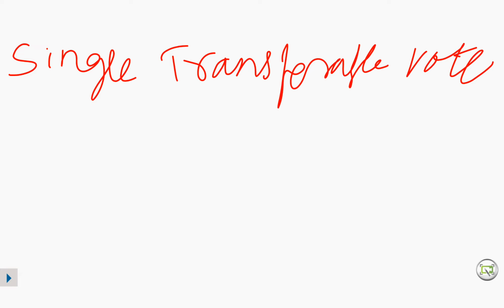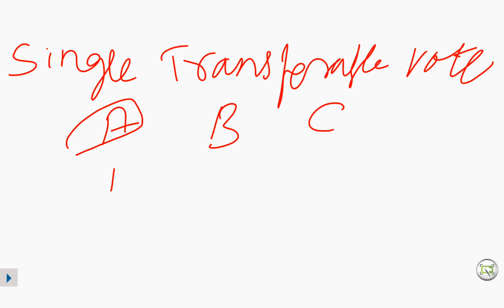For example, we can take A, B and C. They are the three persons standing for election of president. One person comes, and he wants A to be the president of India.